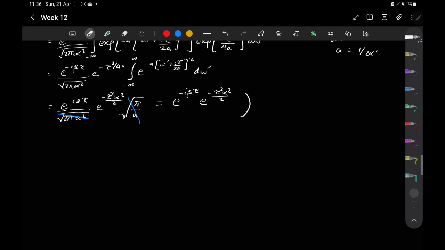Now let us look at the degree of coherence function. This is the degree of coherence.